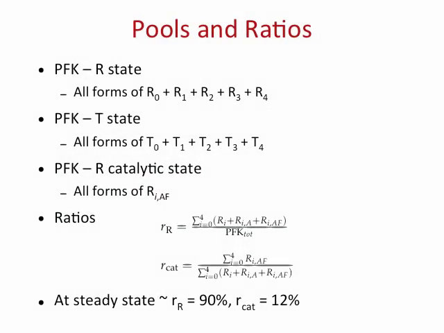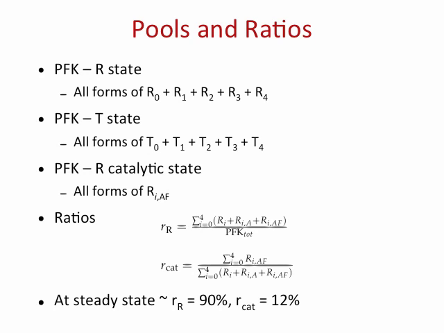Now, how do we characterize the enzyme? Well, there are the R and T states, and there's the summation of all forms. The relative amount of these is very important. We define 2 ratios here that we find to be useful.